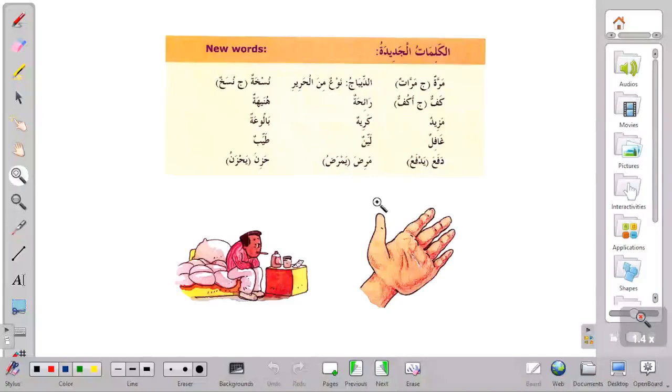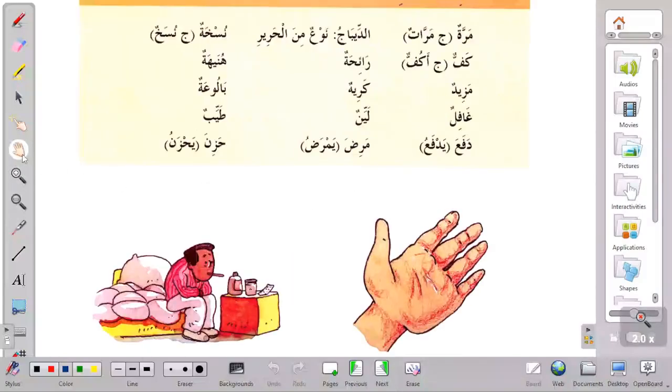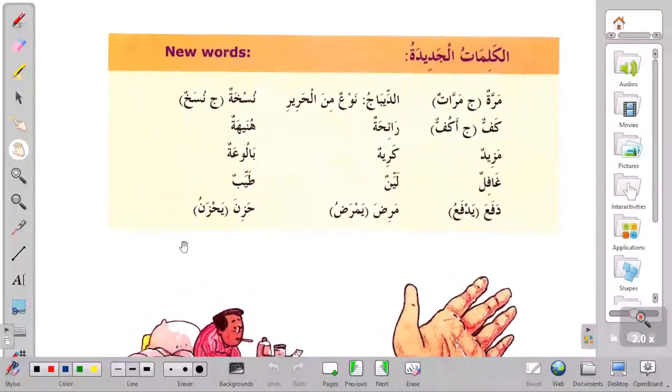We are now looking at al-kalimat al-jadida, the new words that we have seen. Let's quickly go through them. Marratun means once, and the plural is marrat, several times. Kaffun means the palm of the hand, and the plural is aku ff, several palms.